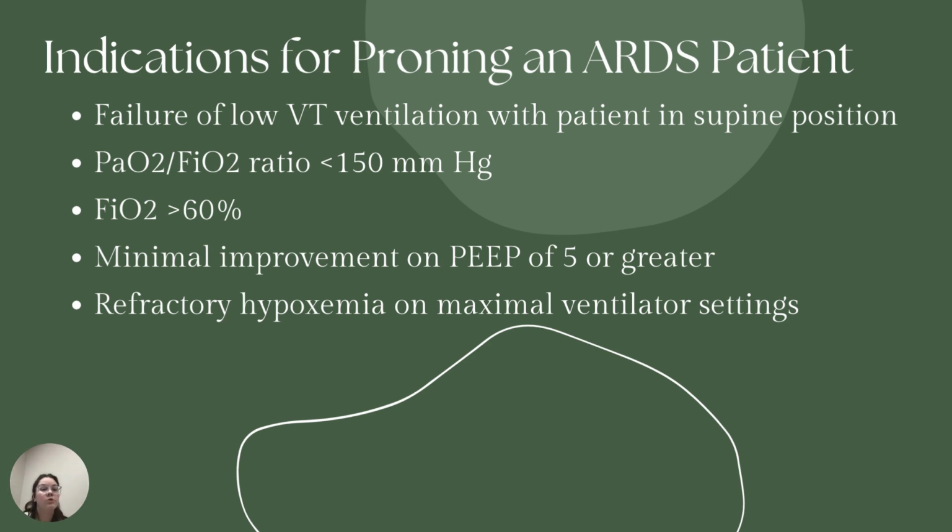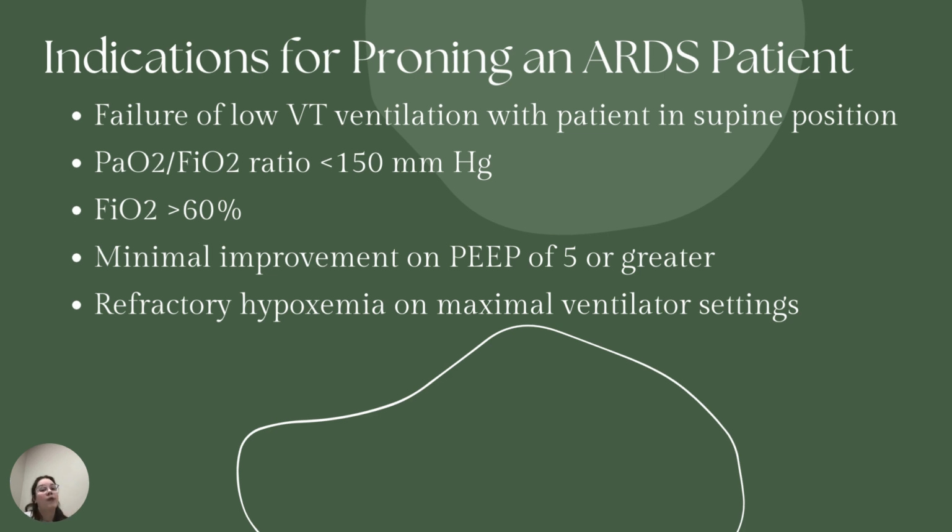If they have minimal improvement on a PEEP of 5 or greater, then like we said, the PEEP levels can go much higher than 5. So that would be the greater portion. But if they're just not improving, no matter how much we're raising their PEEP up, and it's starting to get to a point where we don't think that we're going to be doing more good than harm, then maybe we should try proning them.